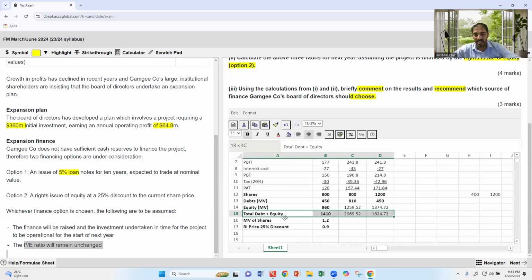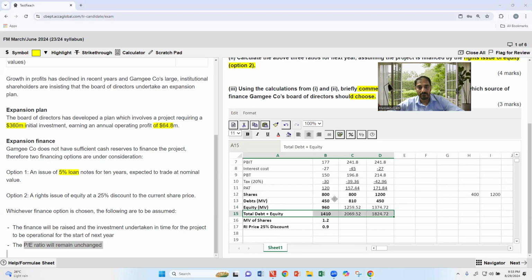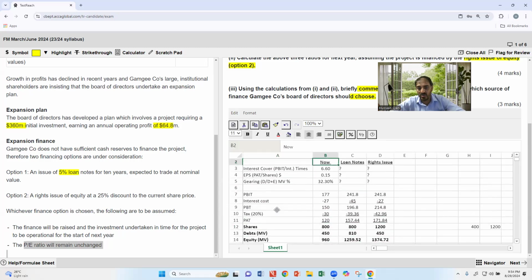Now it's about total debts and equity. Once you calculate all the supportive workings, these are all workings, now you will be able to calculate.